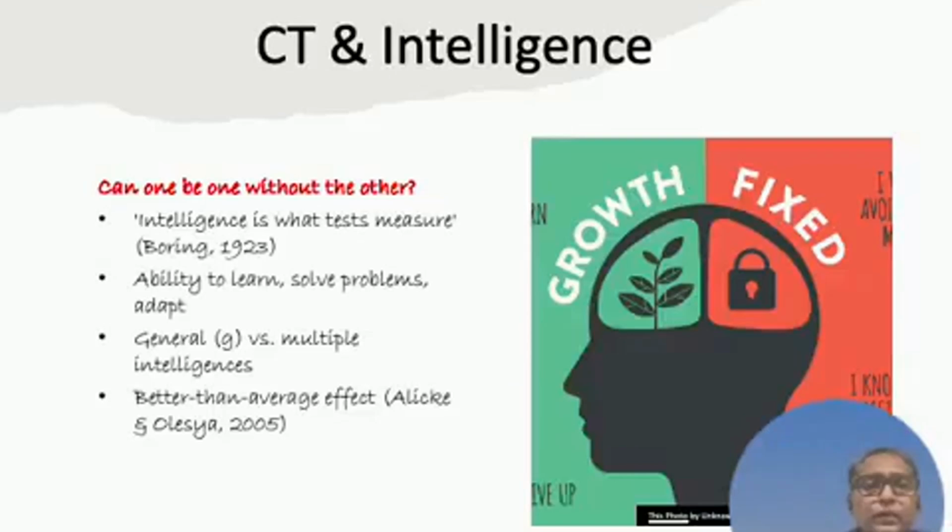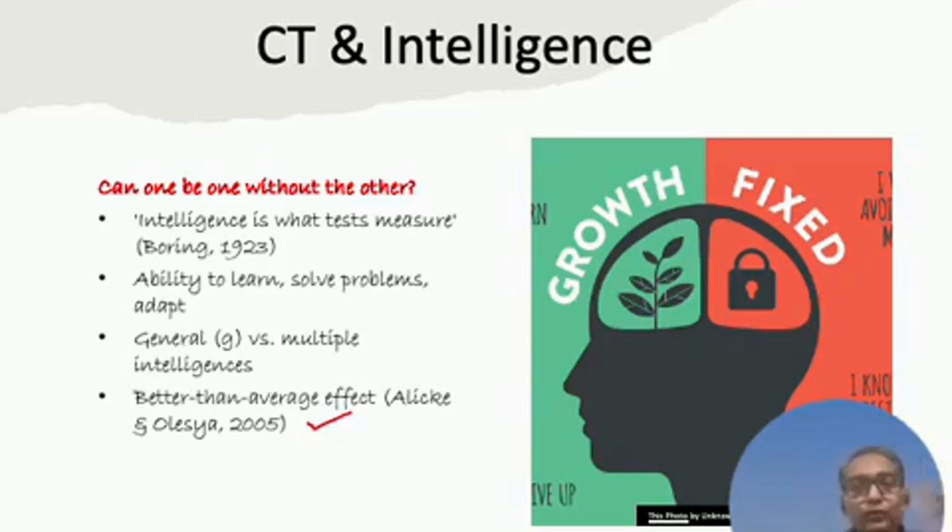There are different kinds of intelligence: general intelligence versus multiple intelligences. There can be intelligence of one kind, not the other kind. And having a measure to test your intelligence and give you a number is not a good way of assessing intelligence.